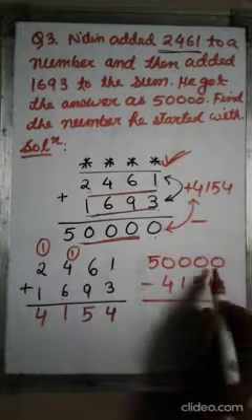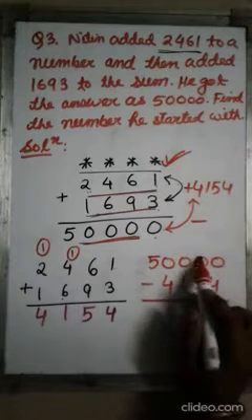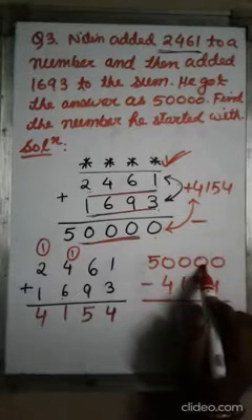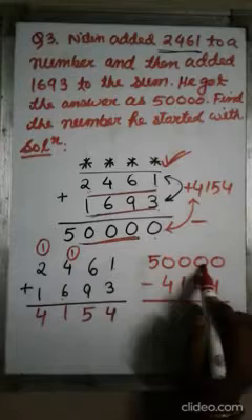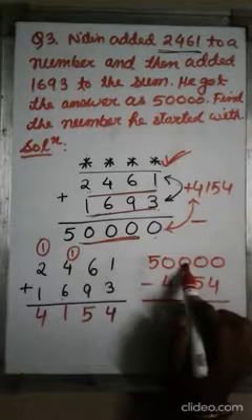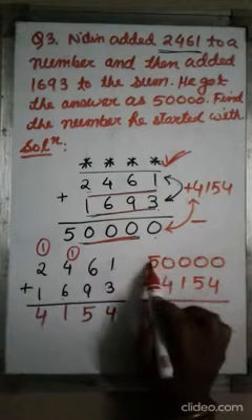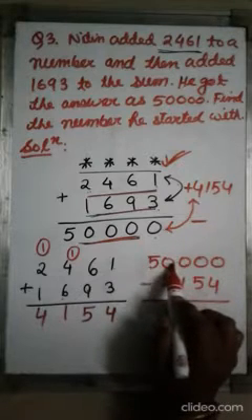Here it is 4, so I have to borrow 1 from the next digit. But here also it is 0. We cannot borrow anything, so we move to the next digit. Here also 0, so we move to the next digit, because here also it is 0.